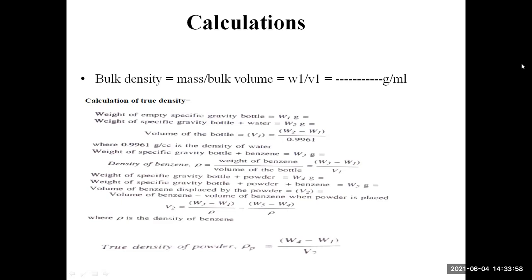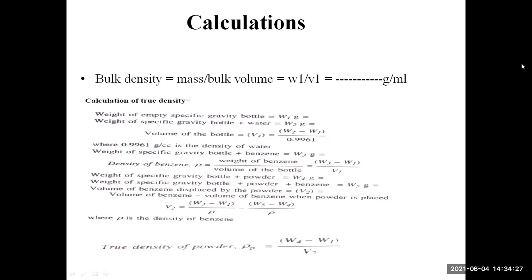Volume of benzene displaced by the powder, that is V2, can be calculated by volume of benzene minus volume of benzene when powder is placed. That is V2 is equal to W3 minus W1 upon density minus W5 minus W4 upon density.